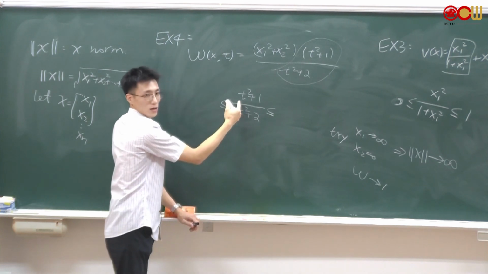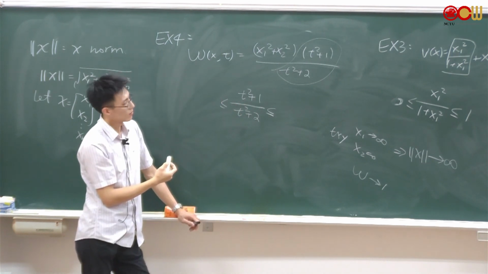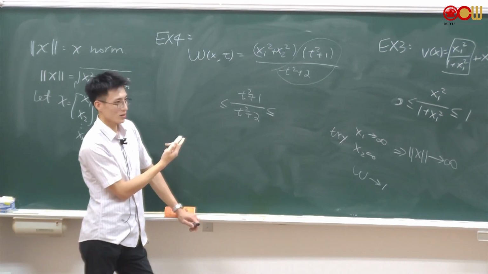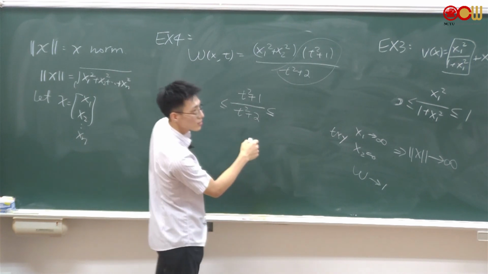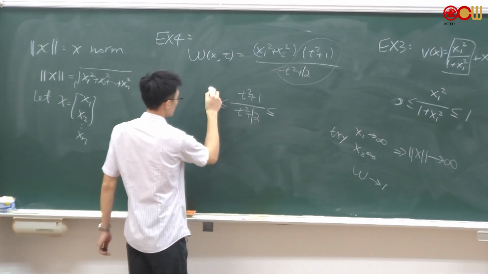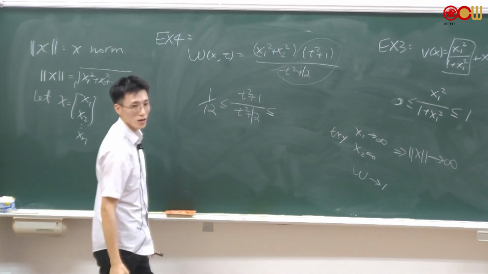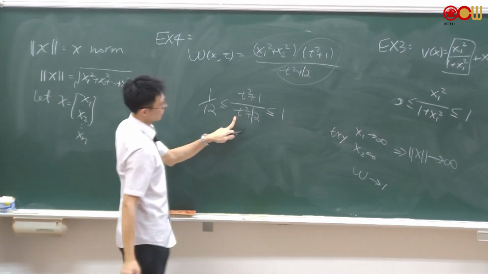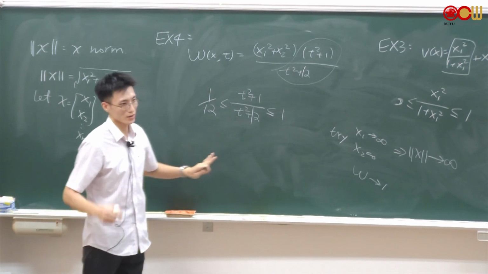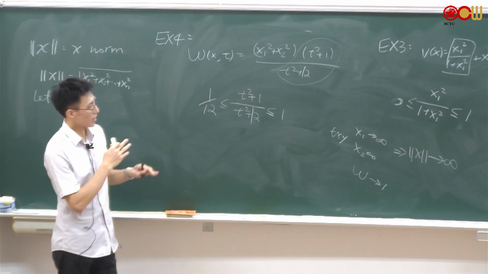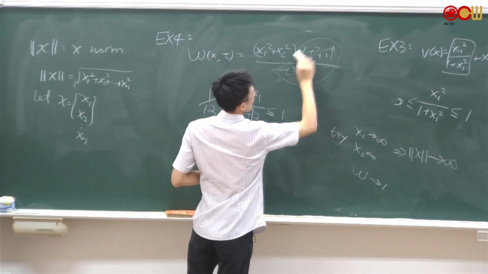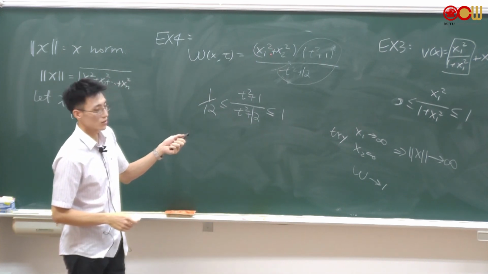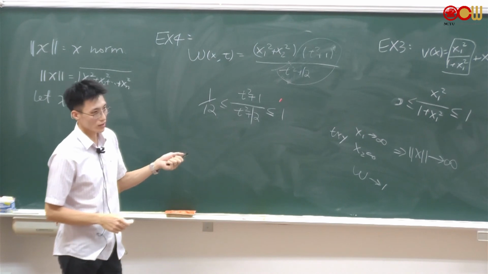When t equals 0, it is 1/2. And as t goes to infinity, it goes to 1. So it's upper and lower bounded by two constants. So you can eliminate this. Now we don't need to care about these terms, just look at these terms. Okay, so it's radially unbounded.